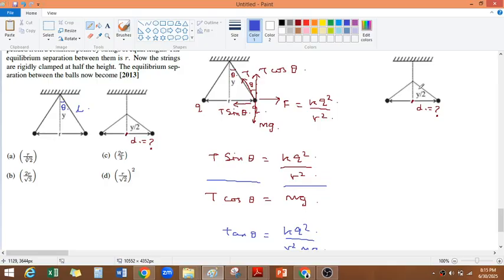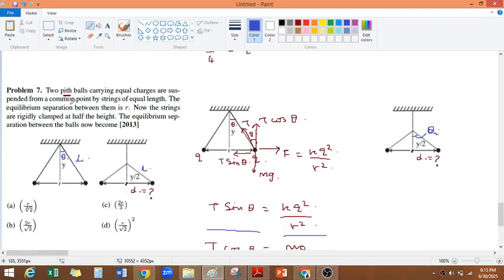So maybe here I can call this as theta 2. Here I call it as theta. So here the angle is going to be different. So I can call this as theta 2. The length is same. Yeah. You see, read the question. They said the equilibrium distance. Now the strings are rigidly clamped at half the height.